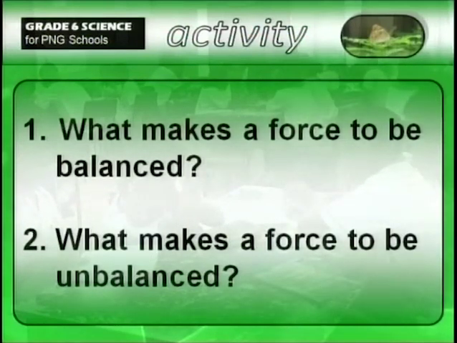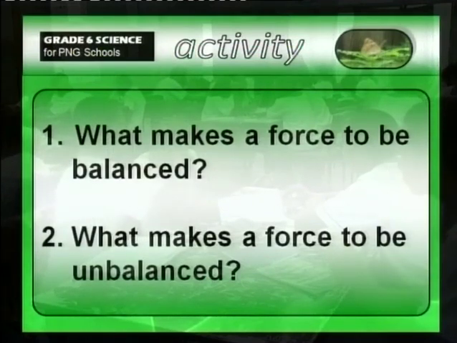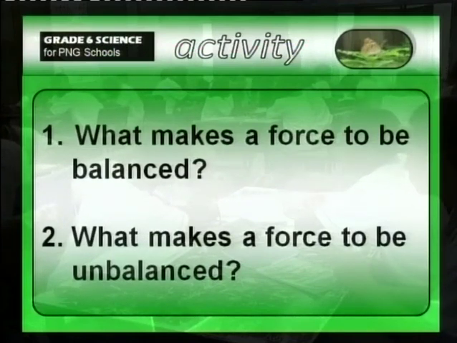Okay, this one. What makes a force to be unbalanced? Because the other side was heavier than the other side. That's correct. Now remember that the force of gravity acts on all sides. For example, I'm standing now. Because the force of gravity is acting on all the sides, that's why it is balanced.